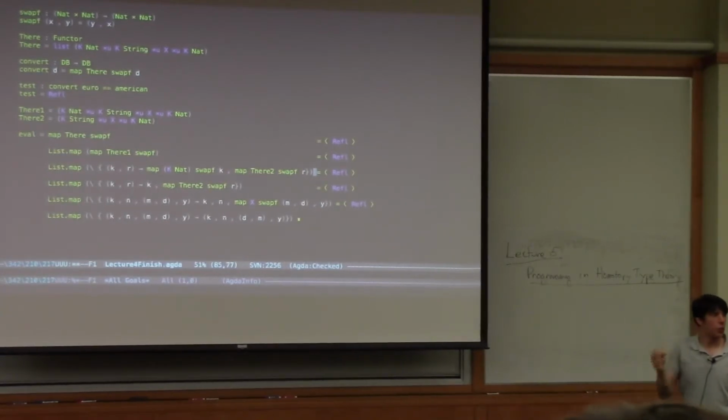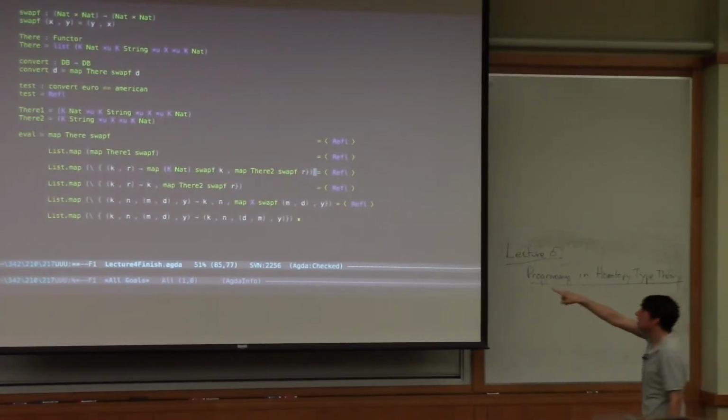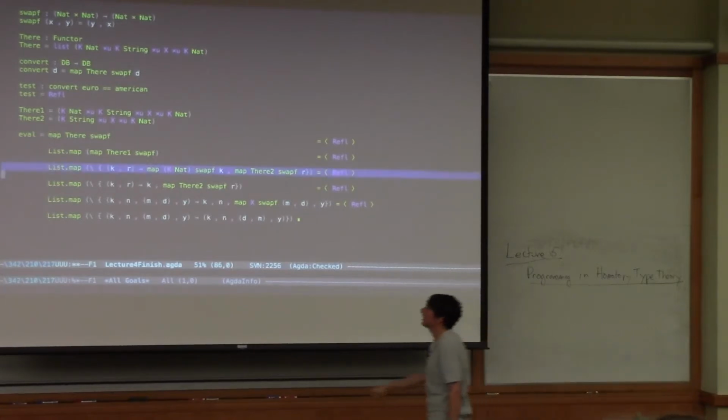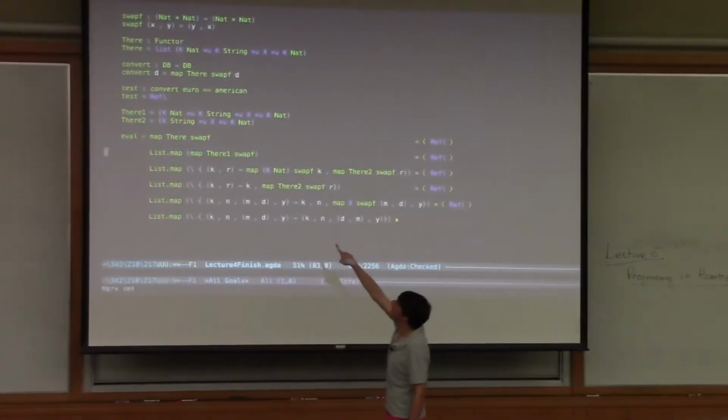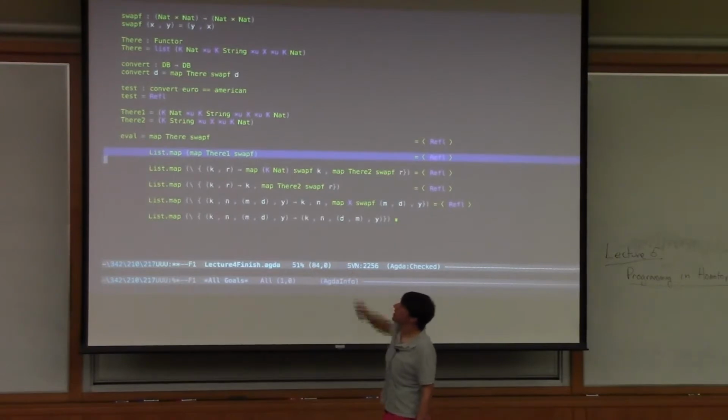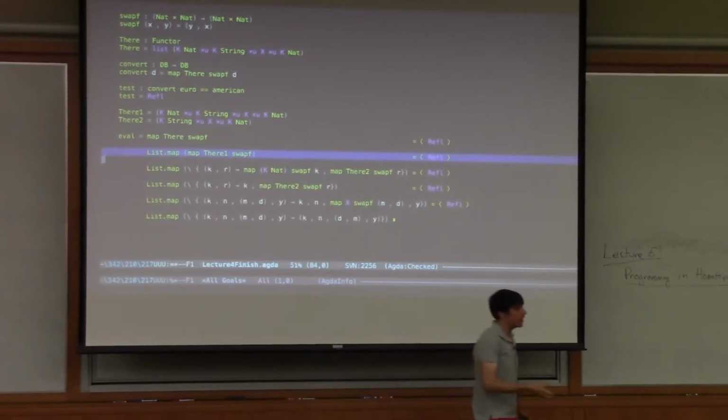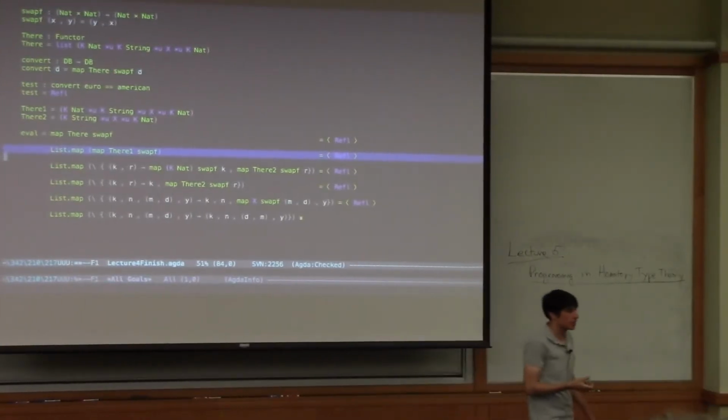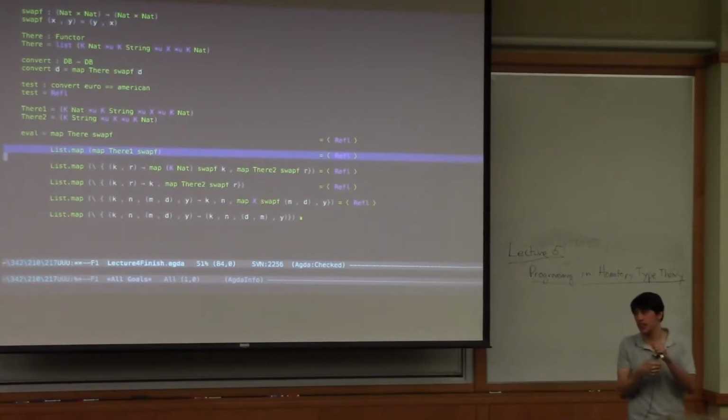Okay? So if we look at the recursive call, it's on map there one, right? Where there one is the same functor, but I peeled off the list because I already processed the list bit of it, and I'm left with whatever's inside of list. Good? Okay. So what is map at there one?